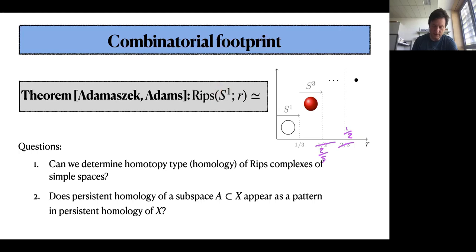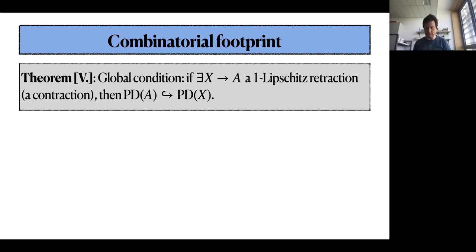Can you see this combinatorial homotopy type in the whole space as well? And it turns out that often you can, and that's what we call combinatorial footprint. So the combinatorics of a subspace of a Rips complex induces the same homology elements in the persistent homology of your space.